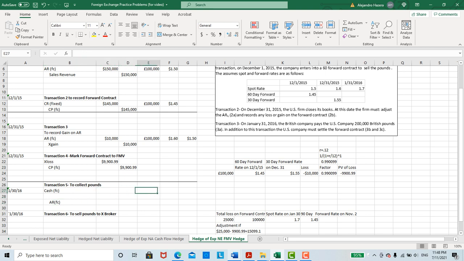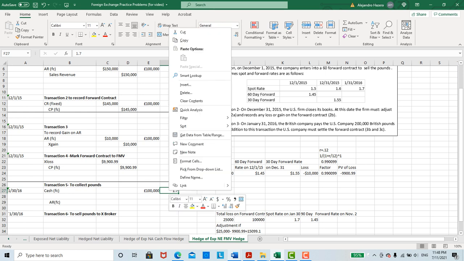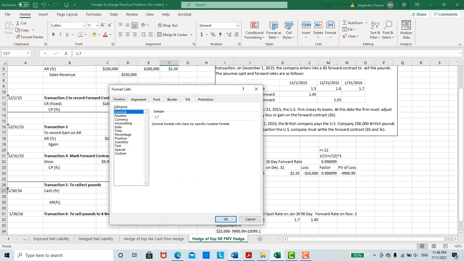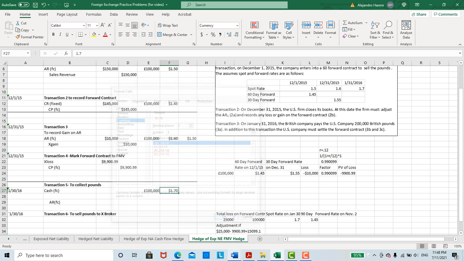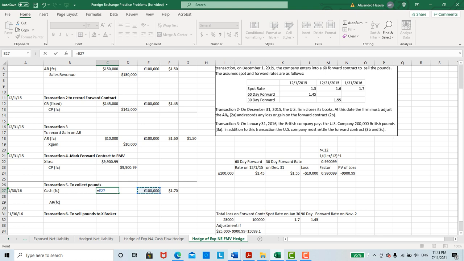So let's go ahead and collect the cash. The base is 100,000. That cash today is worth $1.70 each. So the pounds that we get are equal to 100,000 times the spot rate on 1/3, at the end of January, of $1.70 right there.